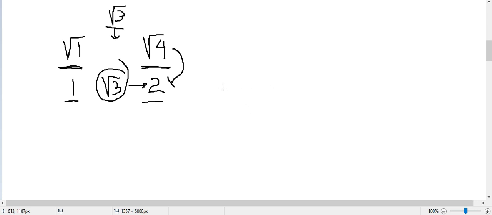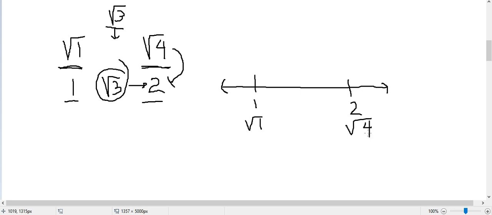If you are going to plot that on a number line, so we have 1 and 2. So this is square root of 1 and this is square root of 4. So the square root of 3 lies closer to 2. Alright.